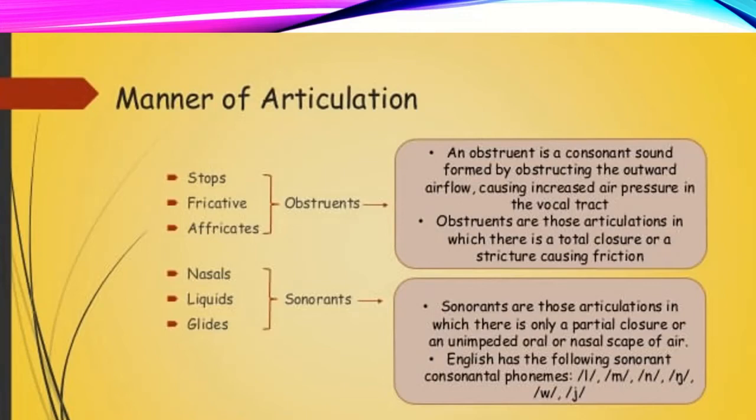Obstruents are those articulations in which there is a total closure or a stricture causing friction. Under sonorants, you have nasals, liquids, and glides. Sonorants are those articulations in which there is only a partial closure or an impeded oral or nasal escape of air.